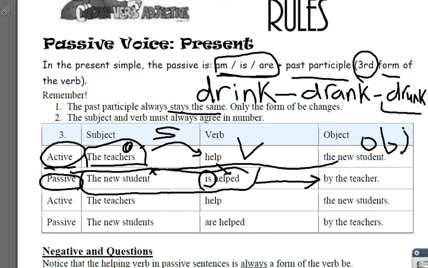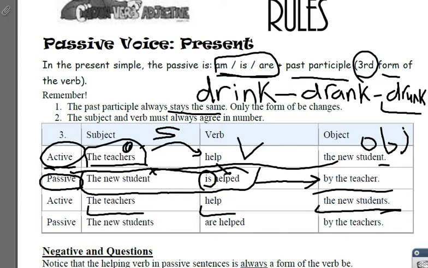This is additional. Okay? You can add it or not according to your preference. So, another sentence, it's the same, but we change the object from singular into plural. Let's listen.